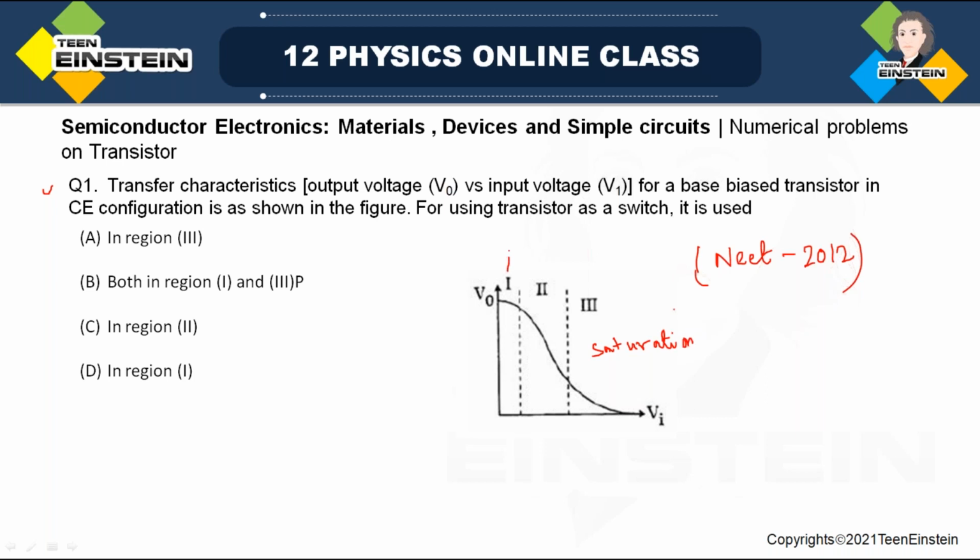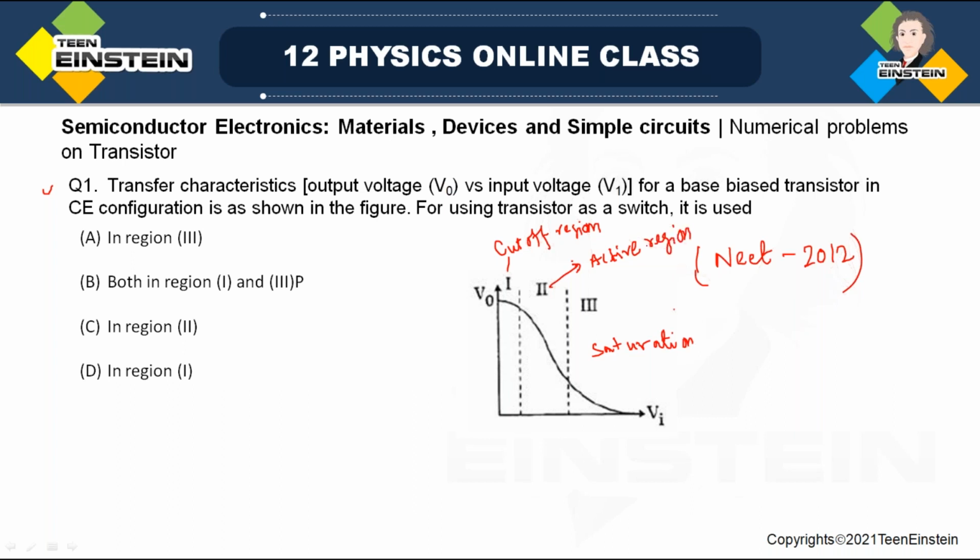The first is actually cutoff region, where transistor does not conduct, and this part having negative slope is called active region. Second region is called active region.